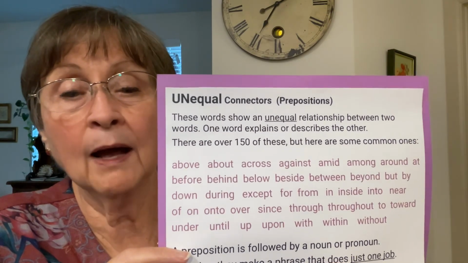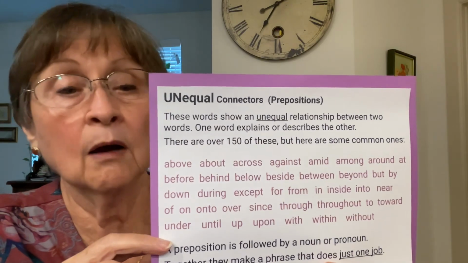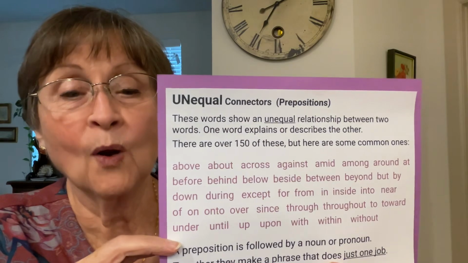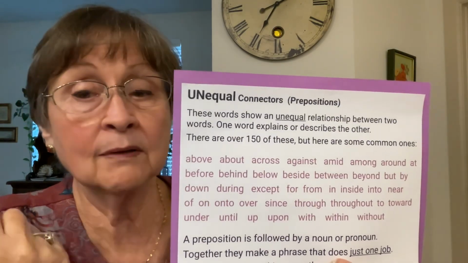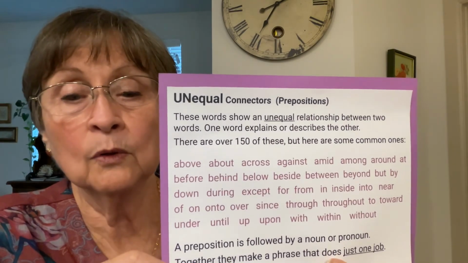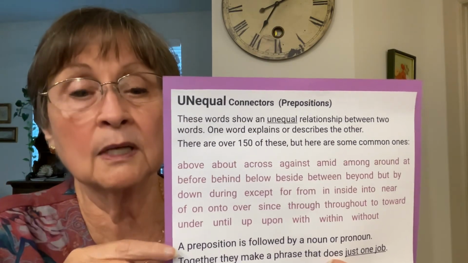Above, about, across, against, amid, among, around, at, before, behind, below, beside, between, beyond, but, and we had but in the other list, but it can also be here, by, down, during, except, for. It was in the other list, but it also can be this.